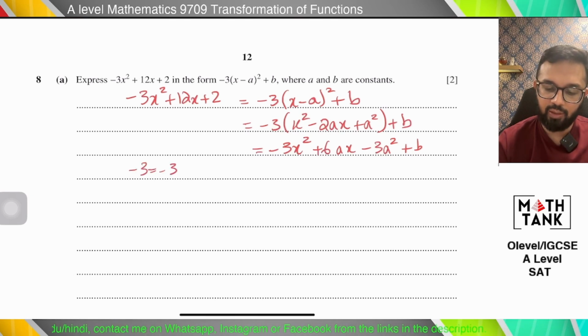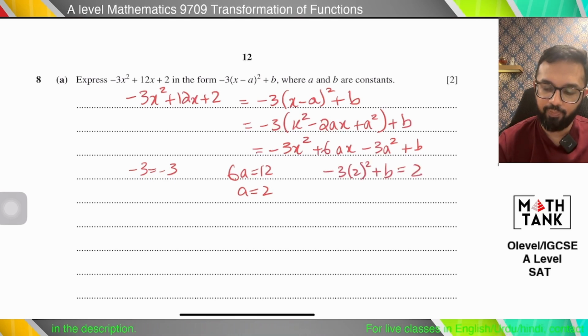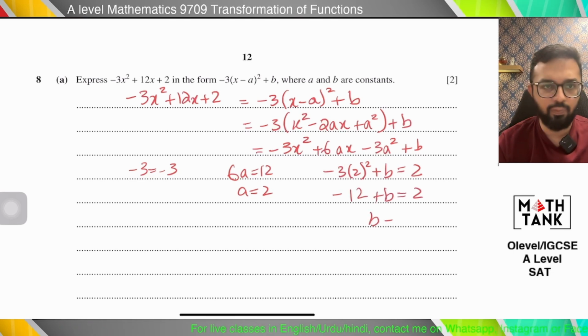Minus 3 matches minus 3, 6a should match with 12. And minus 3a squared plus b should match 2. So minus 12 plus b is 14, I think.